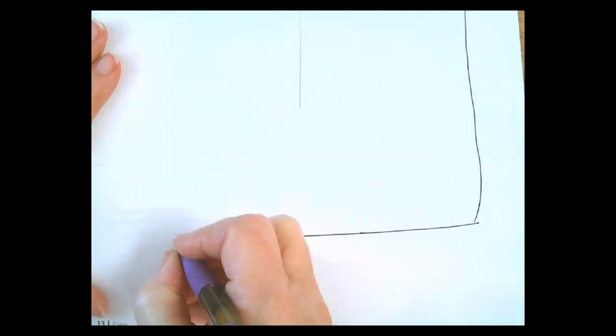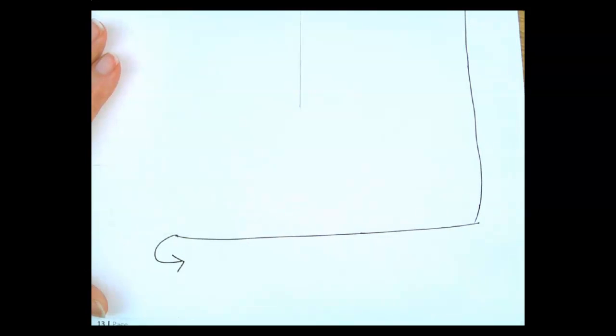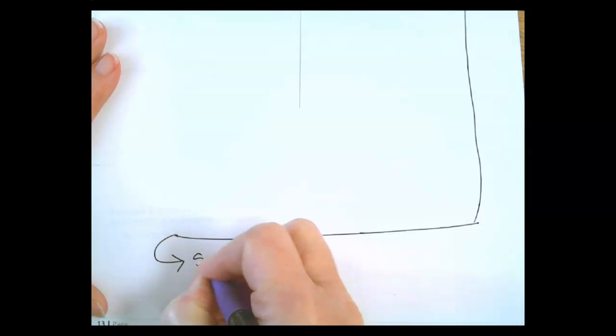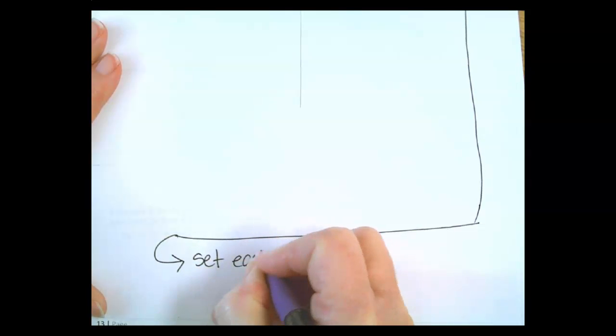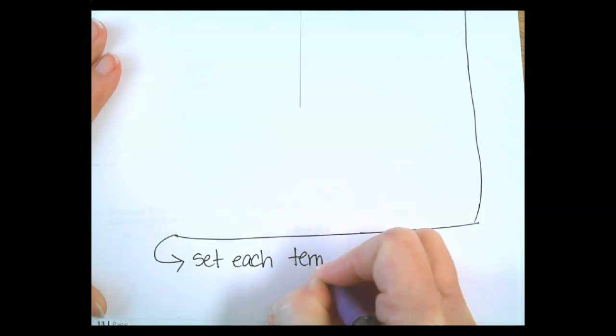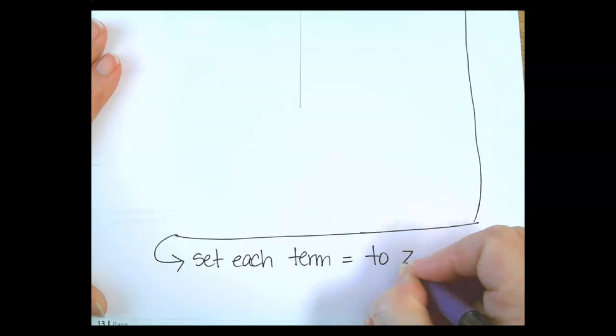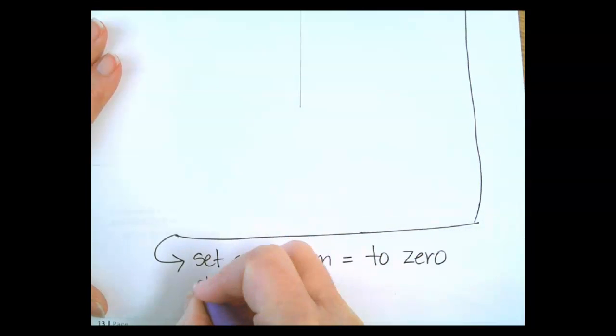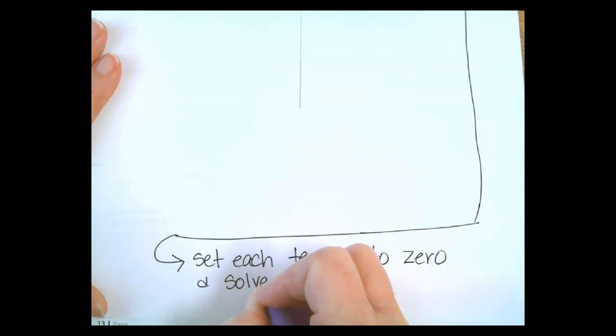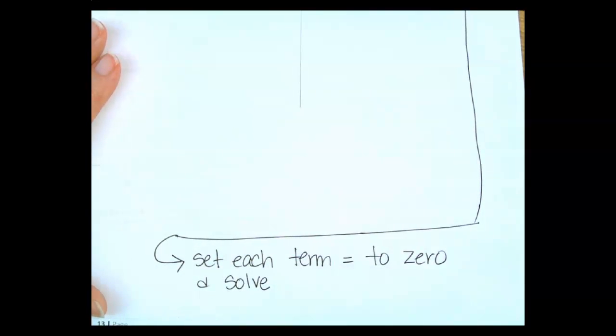So you're going to set each term equal to 0 and solve. Okay, so that's the last step.